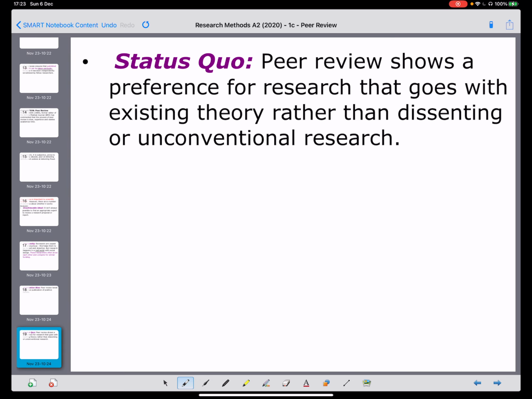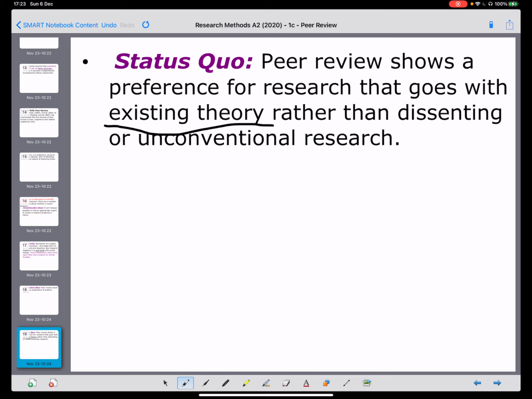And that leads to the very final aspect of peer review that we're going to look at. This idea that peer review shows preference to the existing theories, and that's called the status quo, keeping things as they are. And this certainly goes very well with this whole idea of paradigms and paradigm shifts, this Thomas Kuhn idea, where we understand that science only moves when there's a revolution.